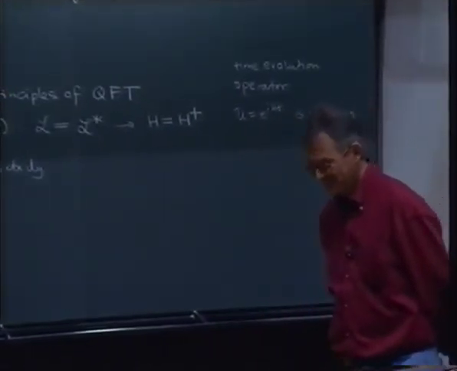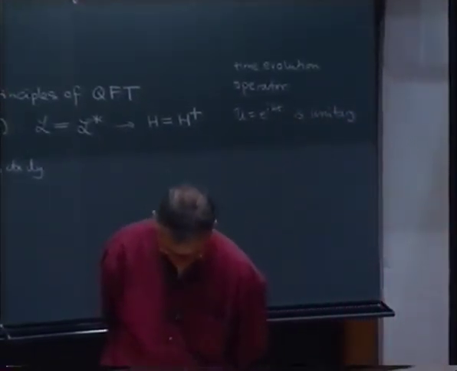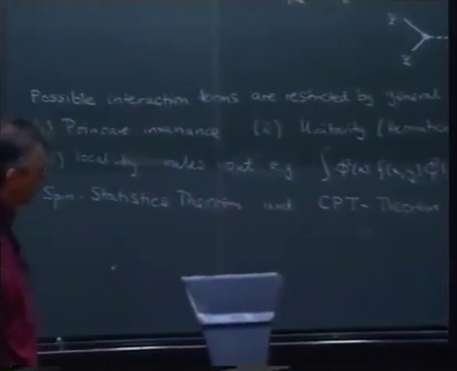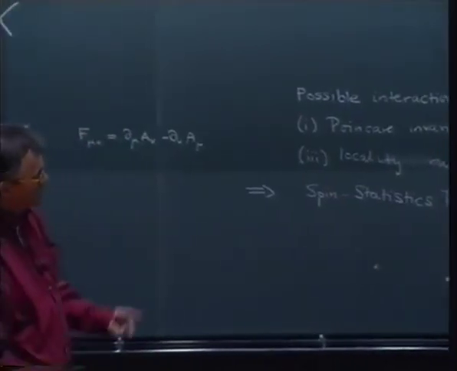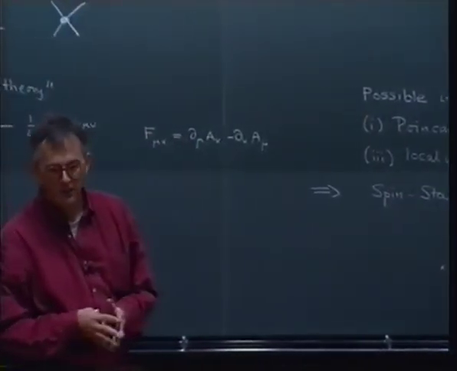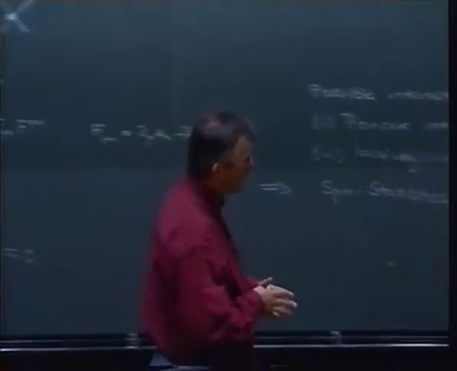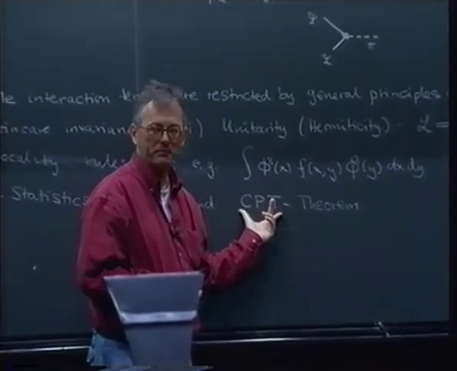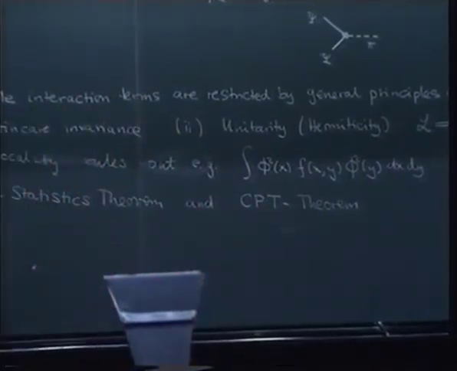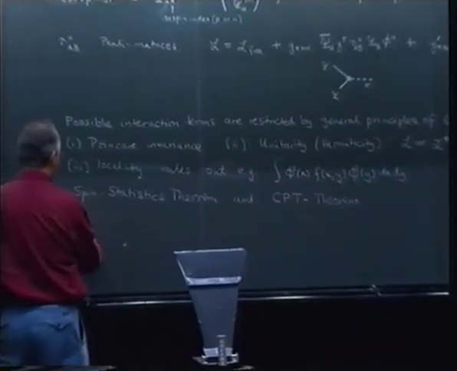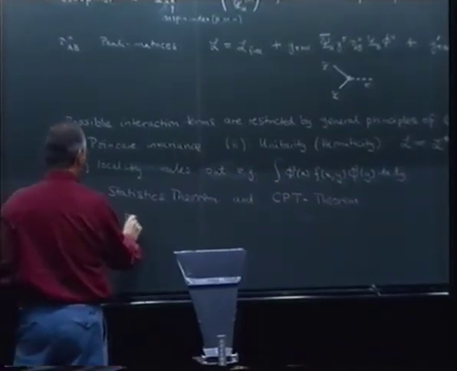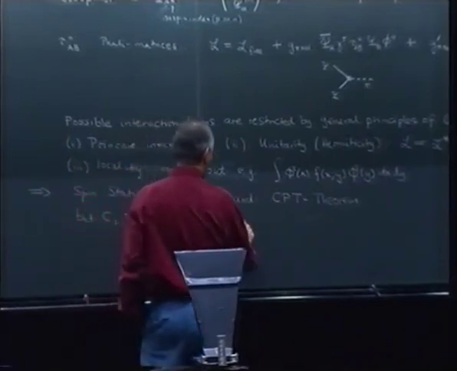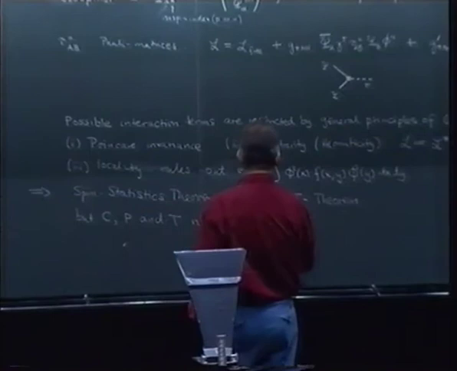Now, in nature it seems like CPT is an invariance of nature, for all we know, but it doesn't mean that these are separately symmetries of the theory. C, P, and T need not be symmetries separately.